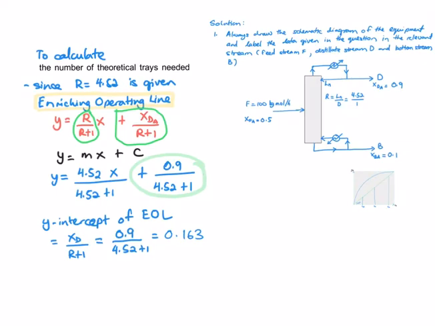Since you have gathered all information in your schematic diagram, now it's time to calculate the theoretical number of trays needed. You need to read the question carefully and determine what is given to you. In the questions, you are given the reflux ratio as 4.52. Since the reflux ratio is given, you are able to determine your enriching operating line, and the symbol for the enriching operating line is EOL.